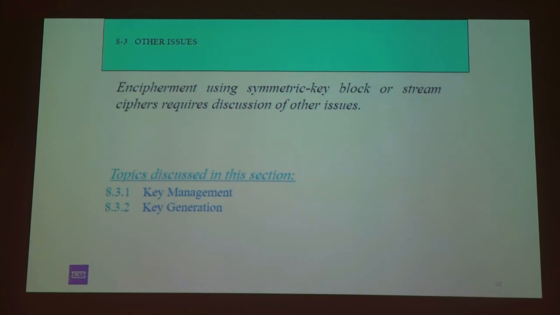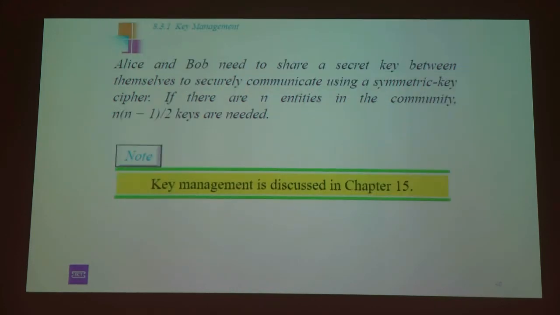So what is remaining in this discussion is key management and key generation, right? We said that Alice and Bob, you and I, source and destination, need to share a secret key between themselves, and they have to communicate it.